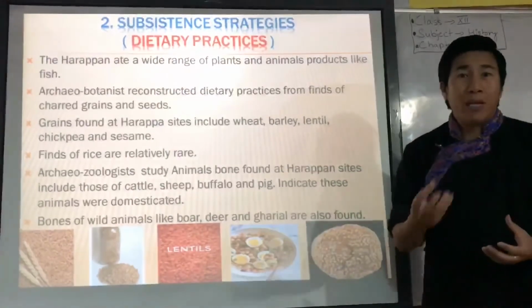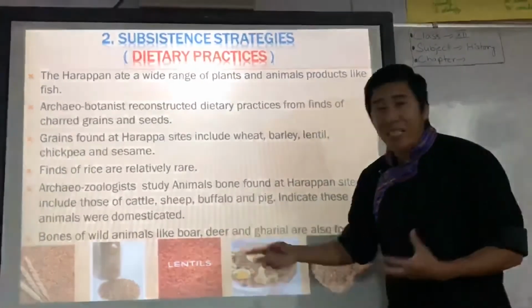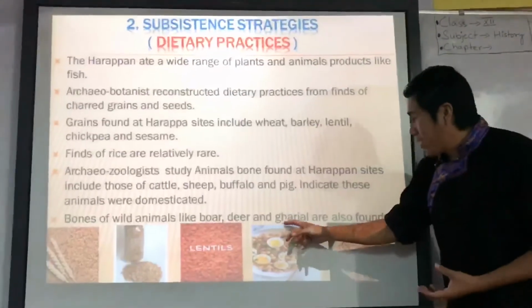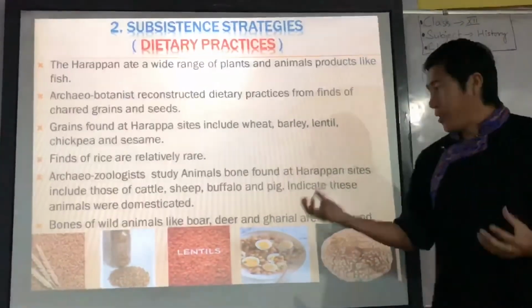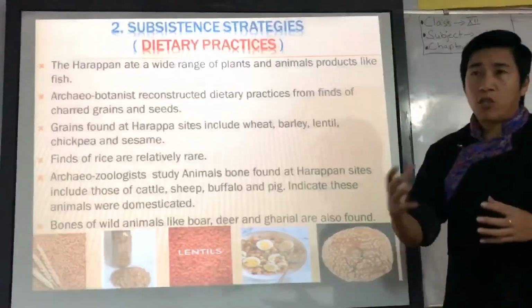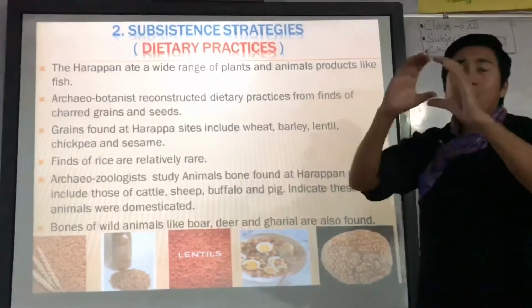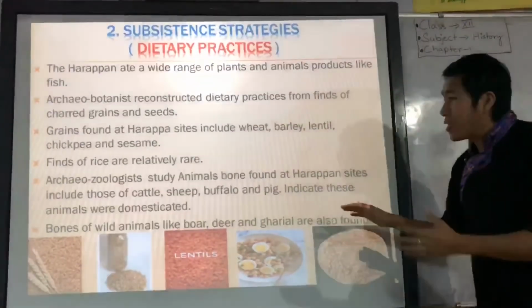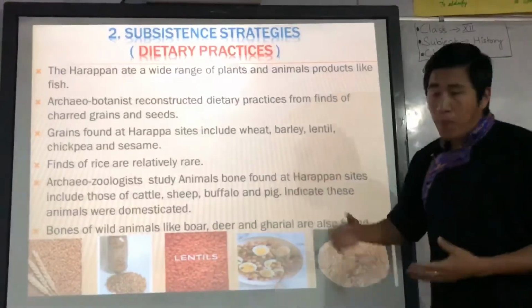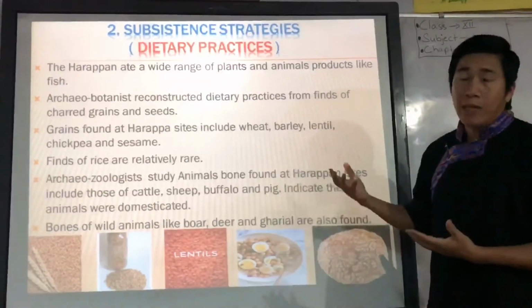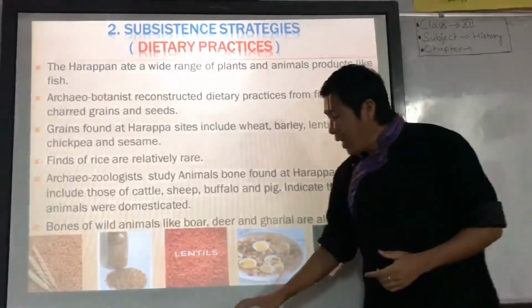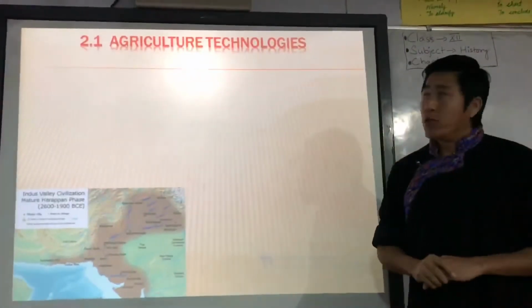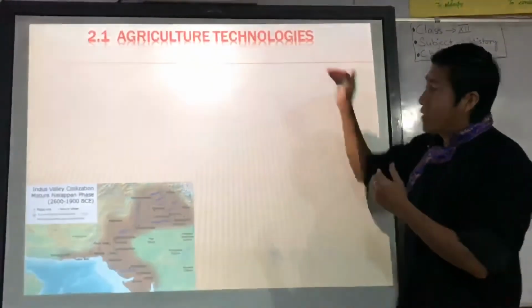Boar means a wild pig. Then deer. Then gharial, which is a kind of fish-eating crocodile. This is a species of crocodile with a long snout. So these are the different kinds of animal meat that used to be consumed by the Indus Valley people. Understood?